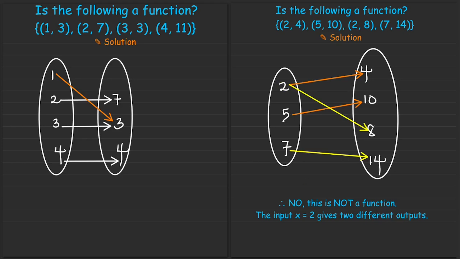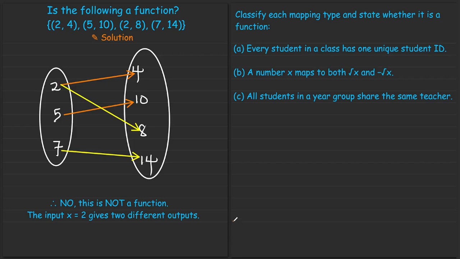We have 2 more questions to go. Now, question number 4 says, classify each mapping type and state whether it is a function or not. Okay, so the first one says, every student in a class has one unique student ID.